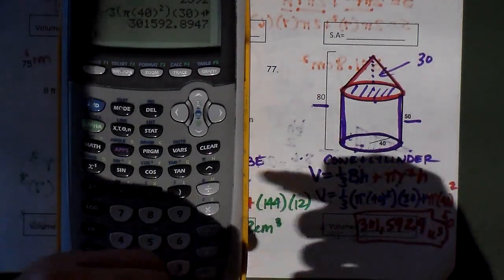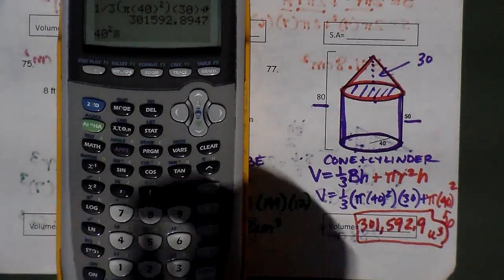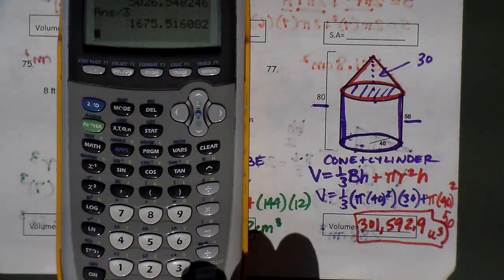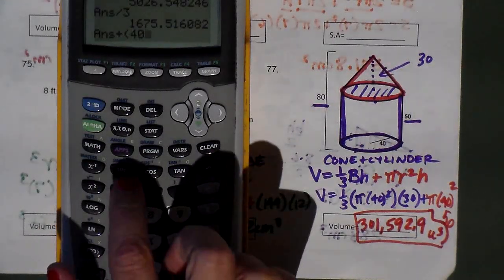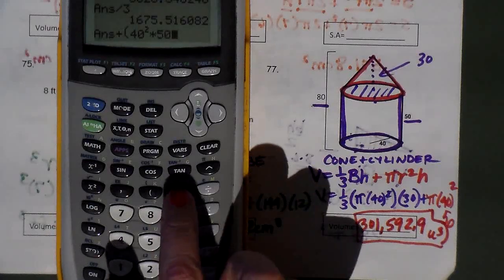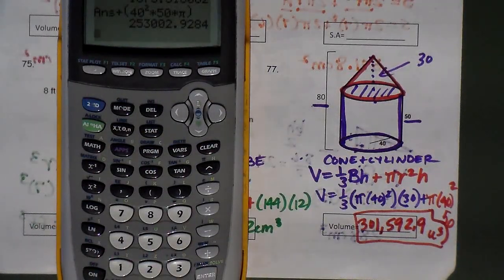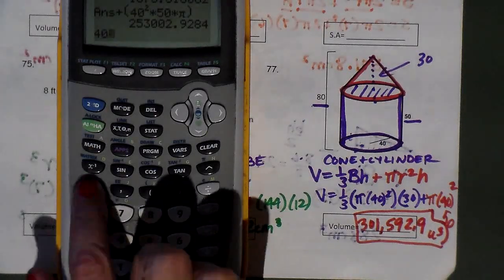And I'm going to verify just to make sure that we entered it correctly. So we've got 40 squared times pi divided by 3 plus 40 squared times 50 times pi. And we get something a little bit different. So let me make sure that I entered this correctly.